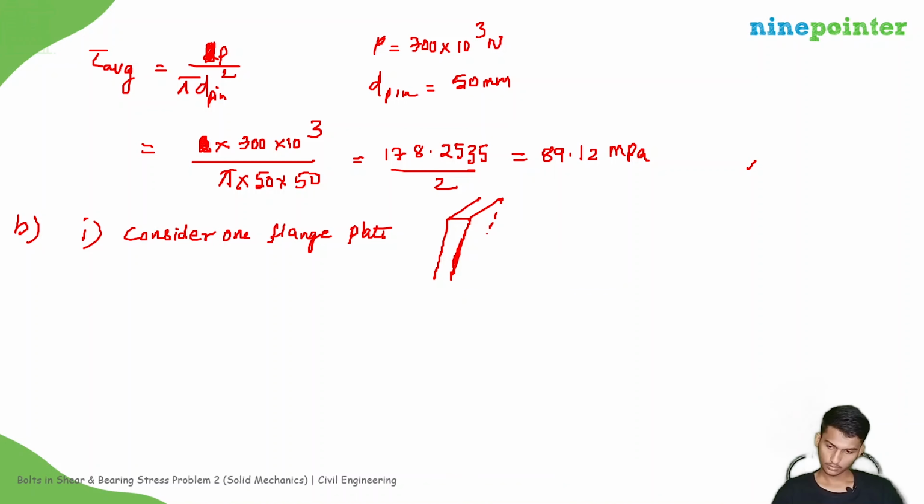And from this hole, the pin is passed, right? Suppose this is D pin and this is TF, thickness of the flange. Then the projected area of contact will be TF into D pin, right?